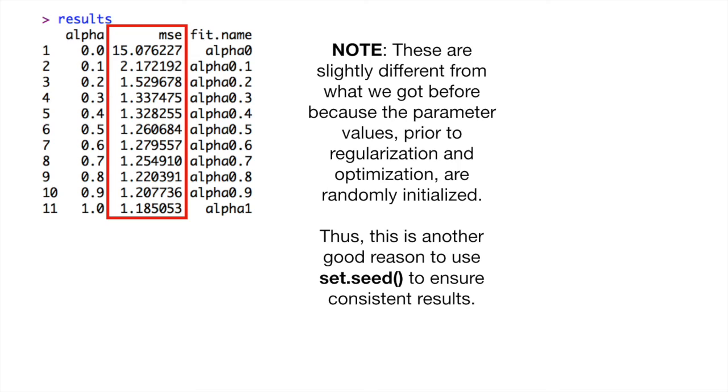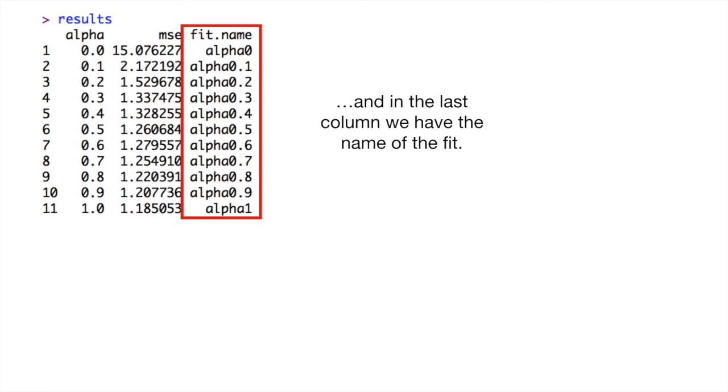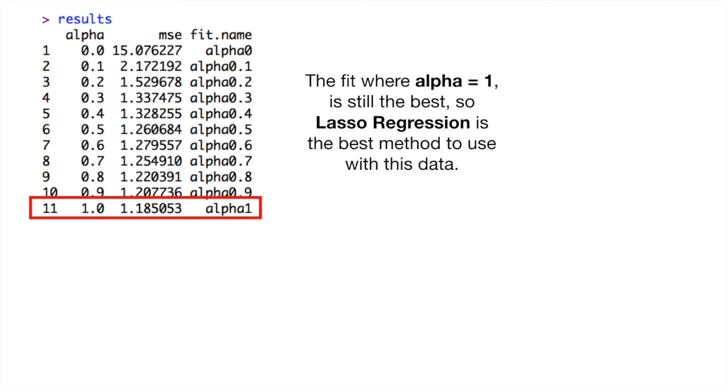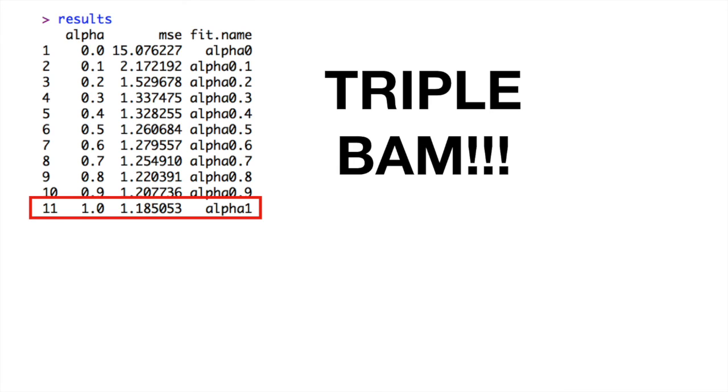Thus, this is another good reason to use set.seed to ensure consistent results. And in the last column, we have the name of the fit. The fit, where alpha equals 1, is still the best, so lasso regression is the best method to use with this data. Triple bam!